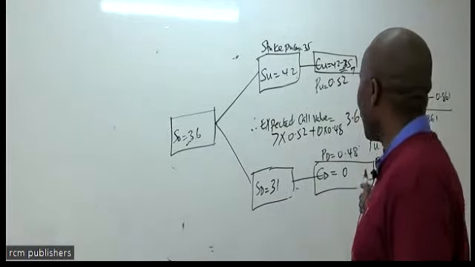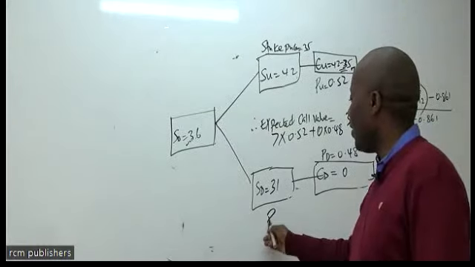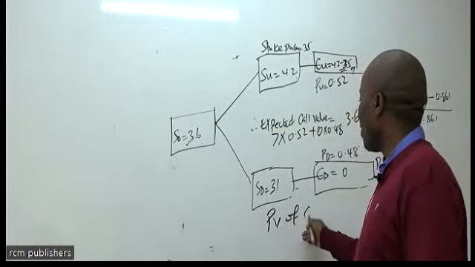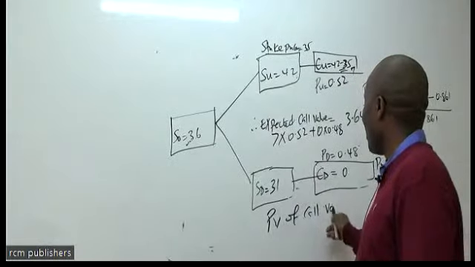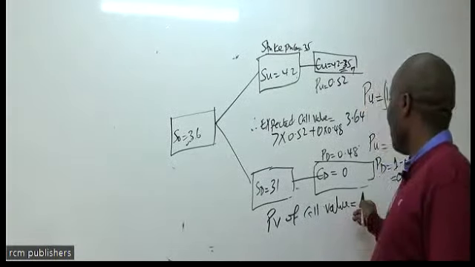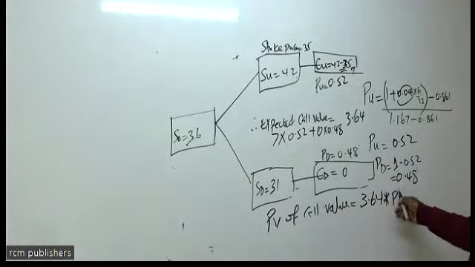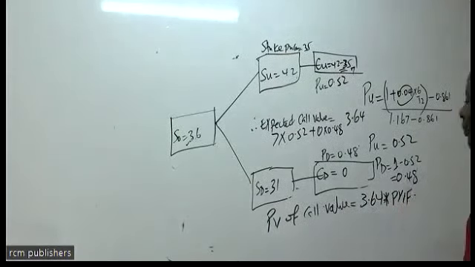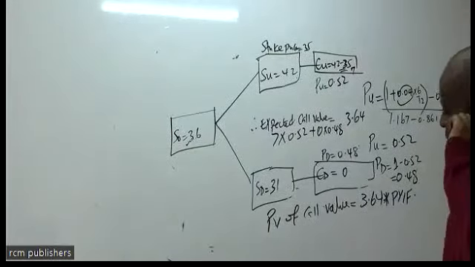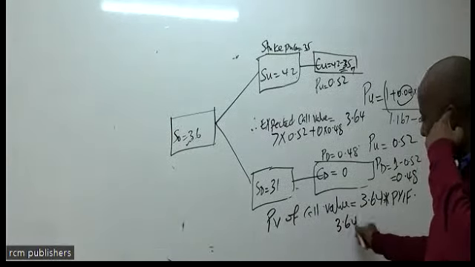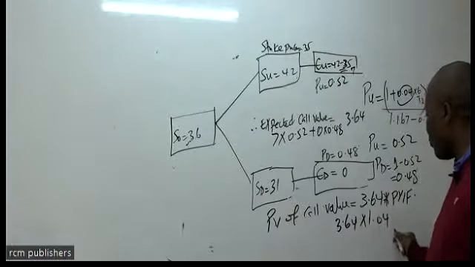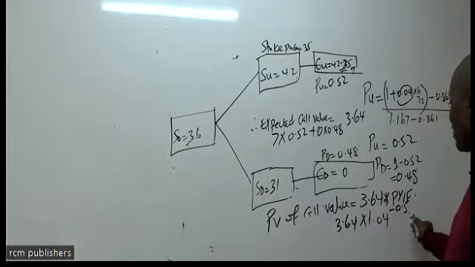So there we are. So come and give us the present value of call value. It will be 3.64 times PV, which will be 3.64 times 1.04 raised to negative 0.5, like that.